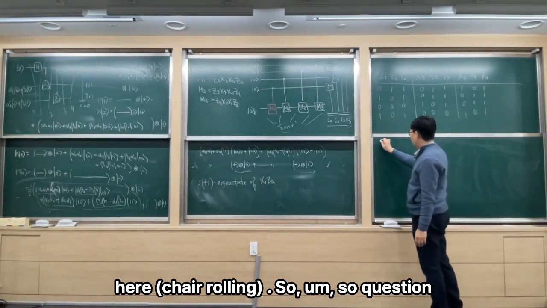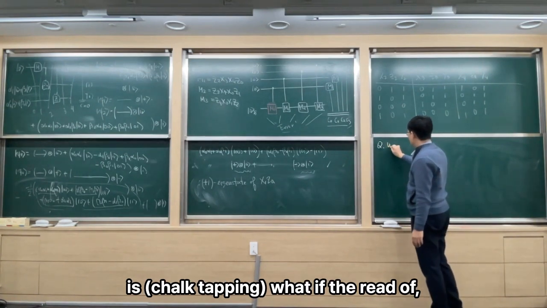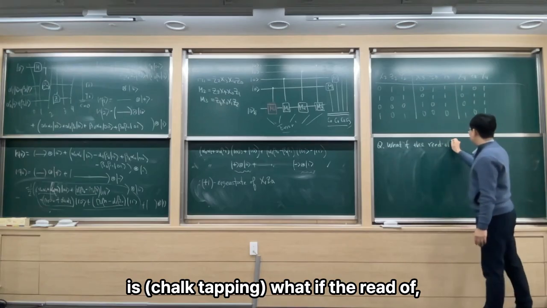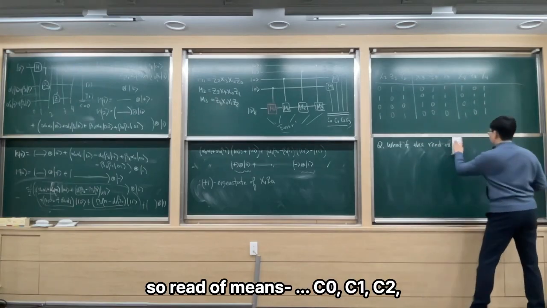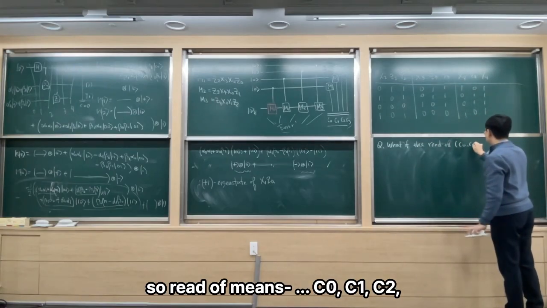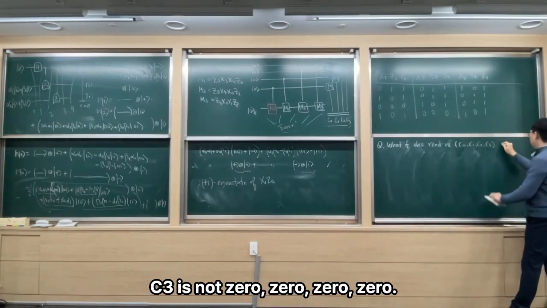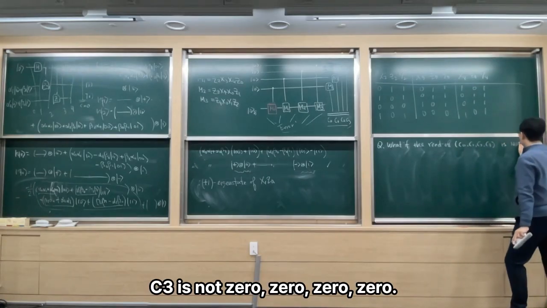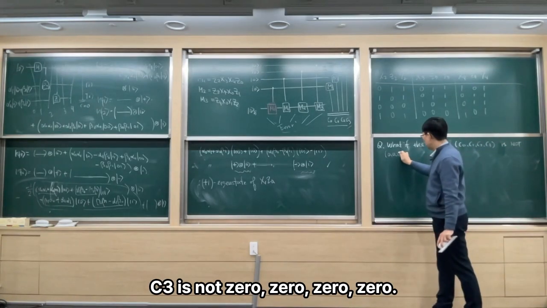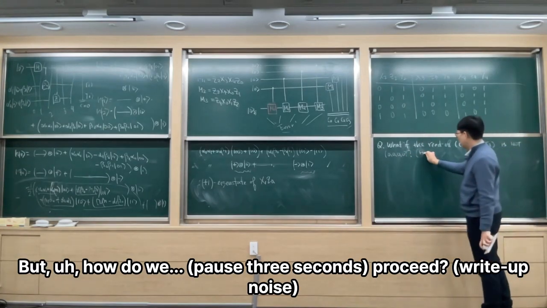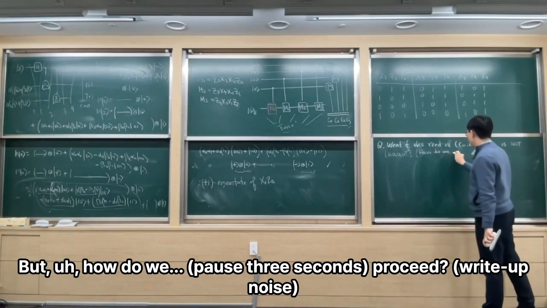So the question is, what if the read off, meaning C0, C1, C2, C3, is not 0, 0, 0, 0? How do we proceed?